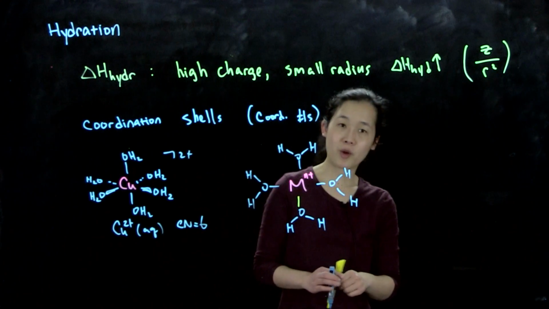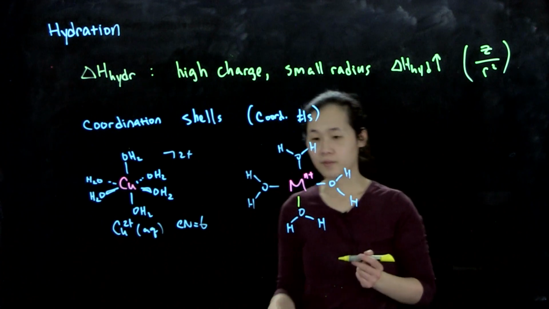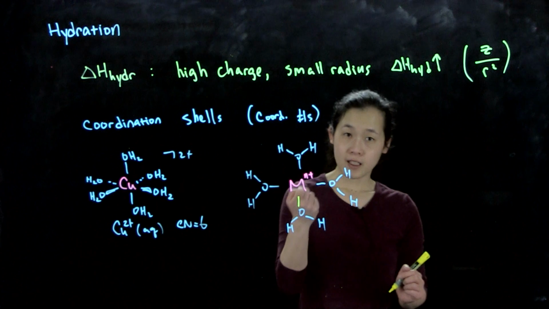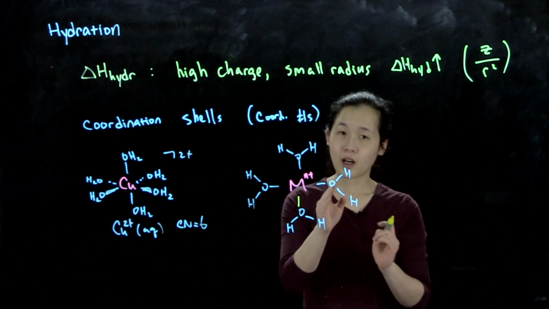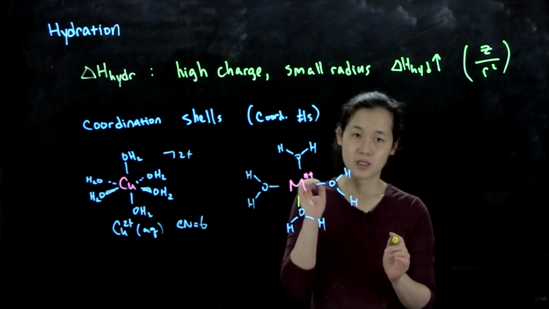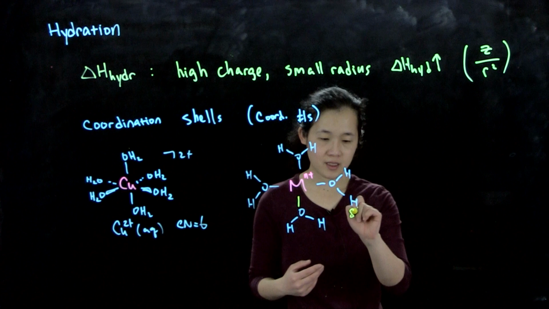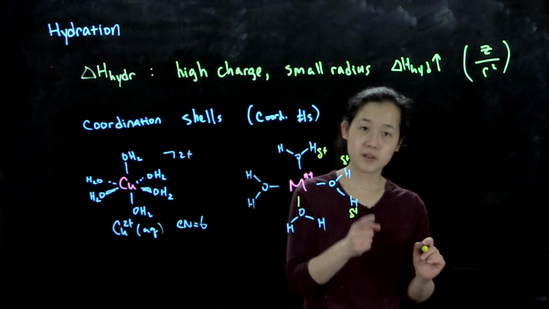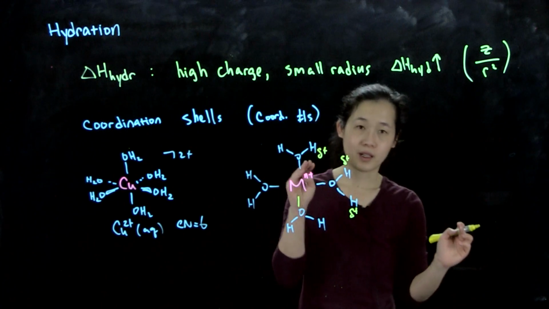One thing I want to point out is that this is from the lone pair of the oxygen going to the metal center, so it's a dative interaction. If my metal center is very highly charged and a small radius, it's going to be pulling that electron density from the oxygen very close to itself, and that will induce a large positive partial charge on the hydrogens. And this induced partial charge is dependent on the Z over R squared of your cation.